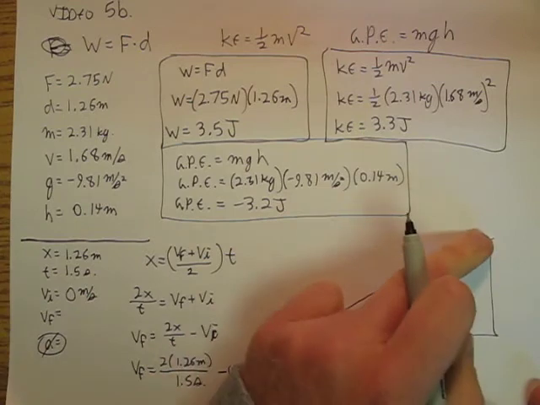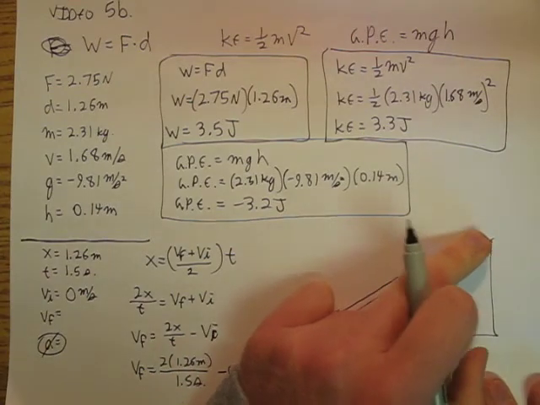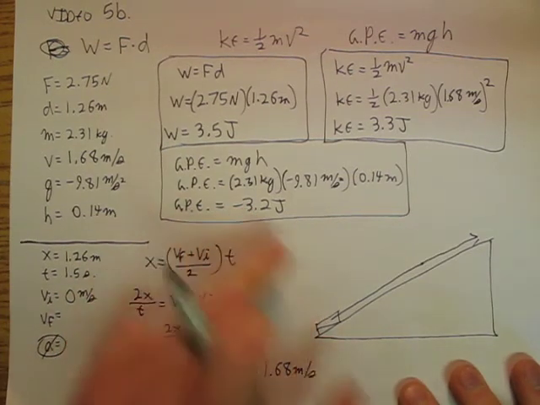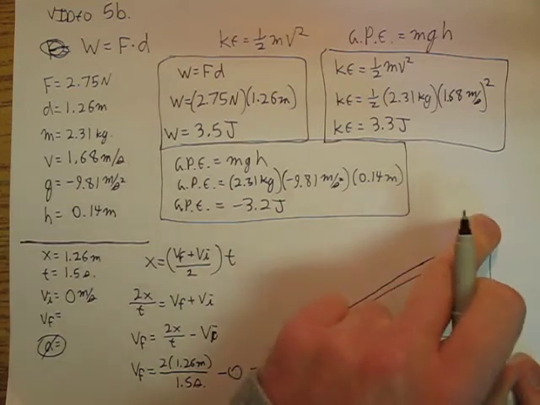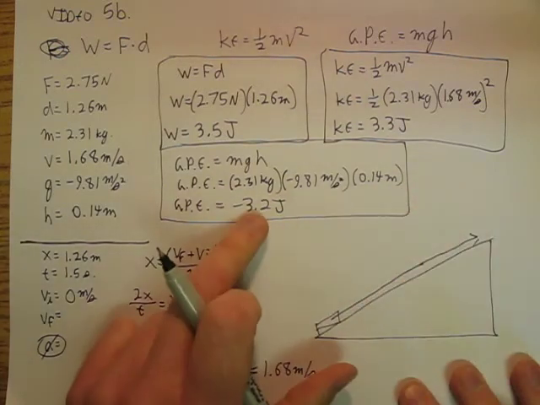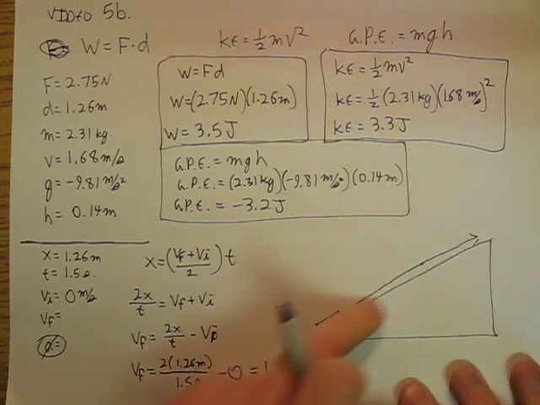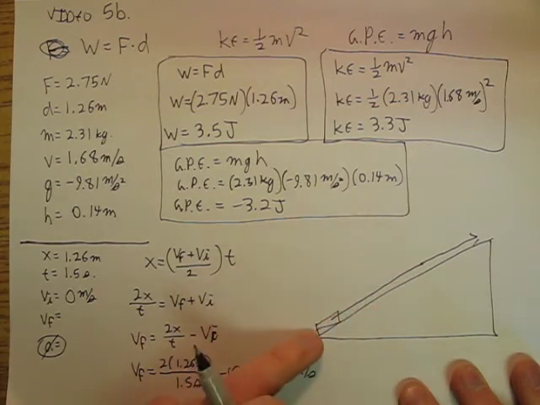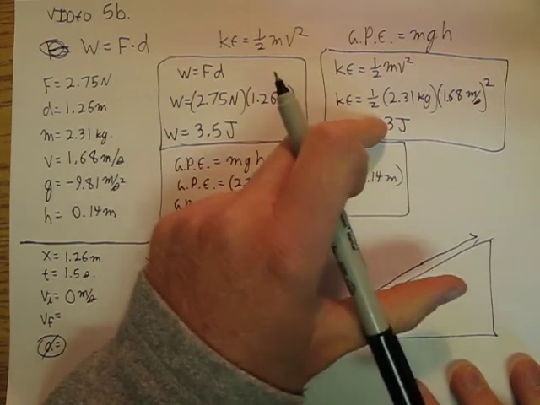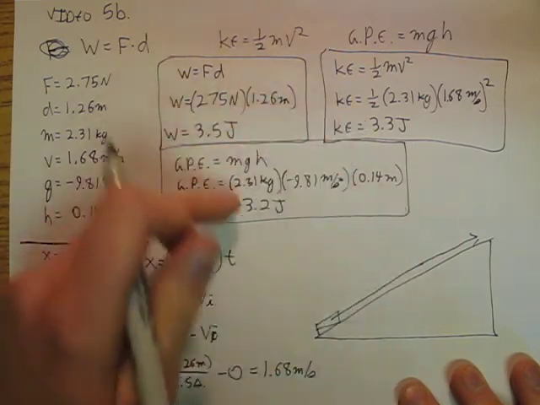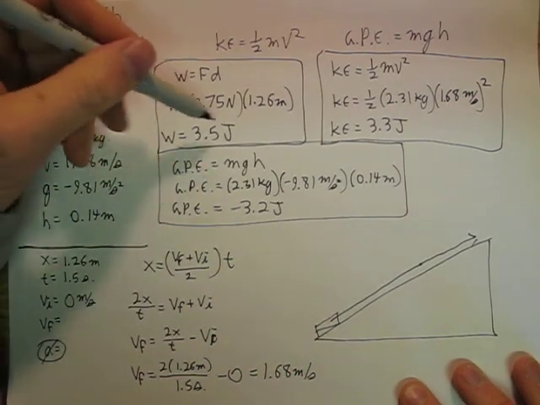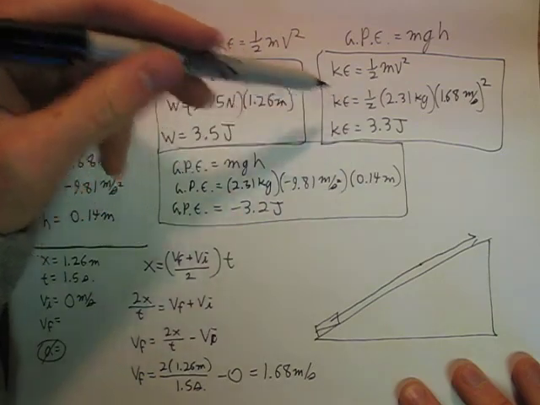When it was at the top of the incline, it had 3.2 joules of potential energy, and then when I let it go down the incline, it gave up that 3.2 joules of potential energy, and at the very bottom, all that potential energy was converted into kinetic energy, and so we ended up with 3.3 joules, which is pretty close to 3.2 of kinetic energy down at the bottom. So that's how they're all interrelated. Work turns into potential energy, turns into kinetic energy.